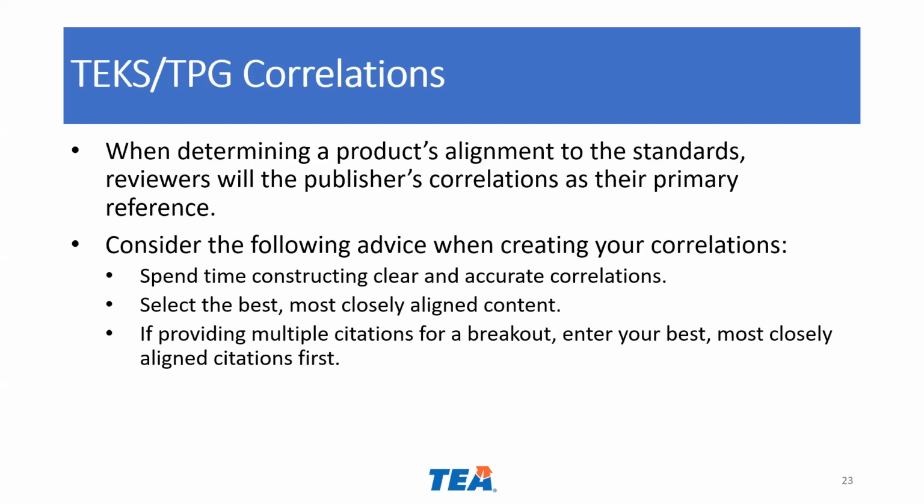We understand that you may address the breakouts in several different places, but for the purposes of the correlation document, you should select the best, most closely aligned content for your citations. And if you're going to provide multiple citations for a single breakout, list your strongest citations first. You want those to be the first ones that the reviewers look at.